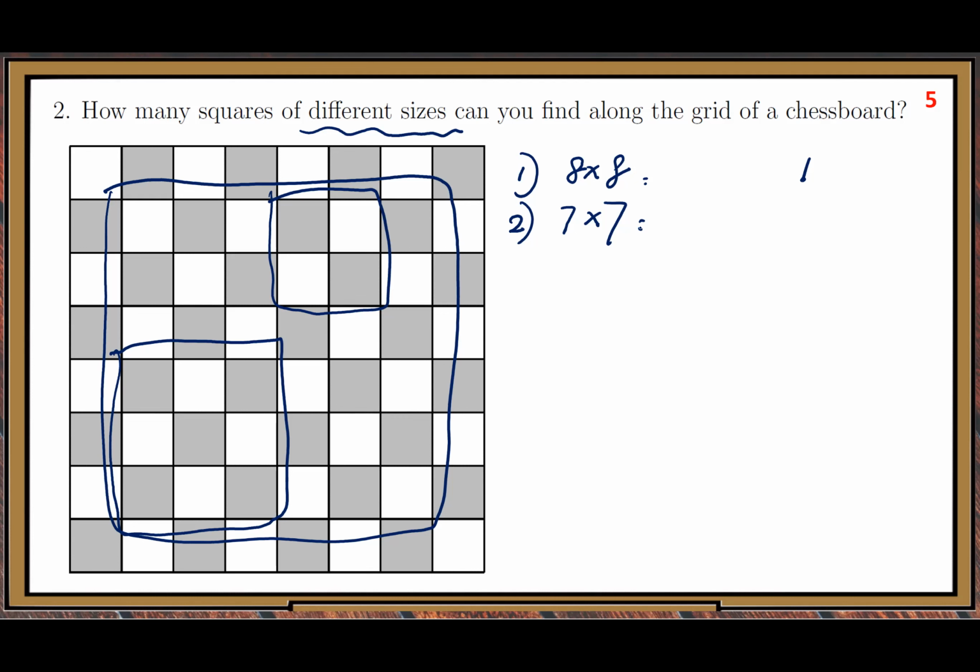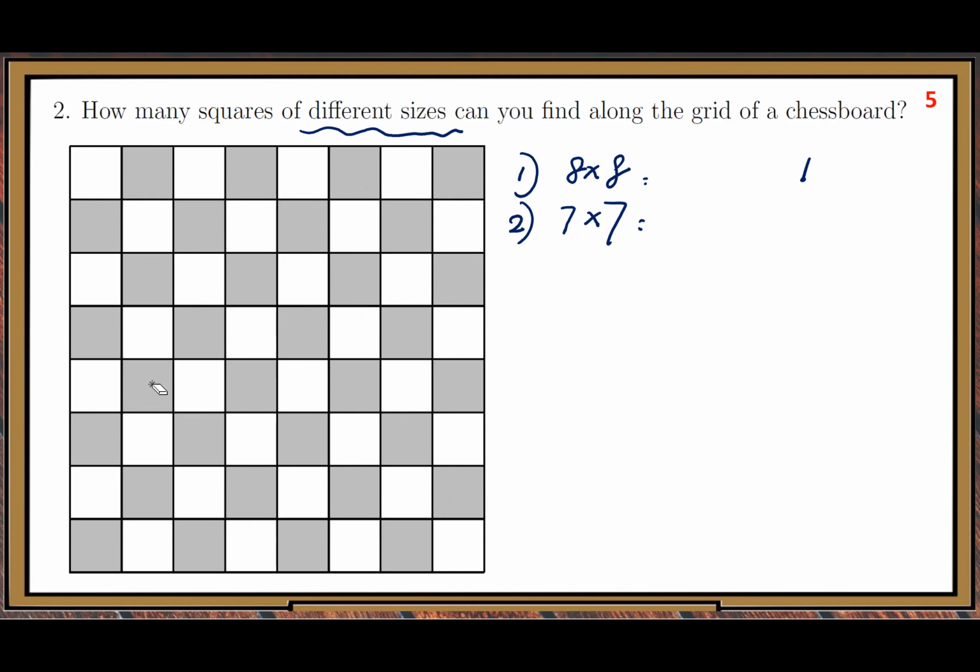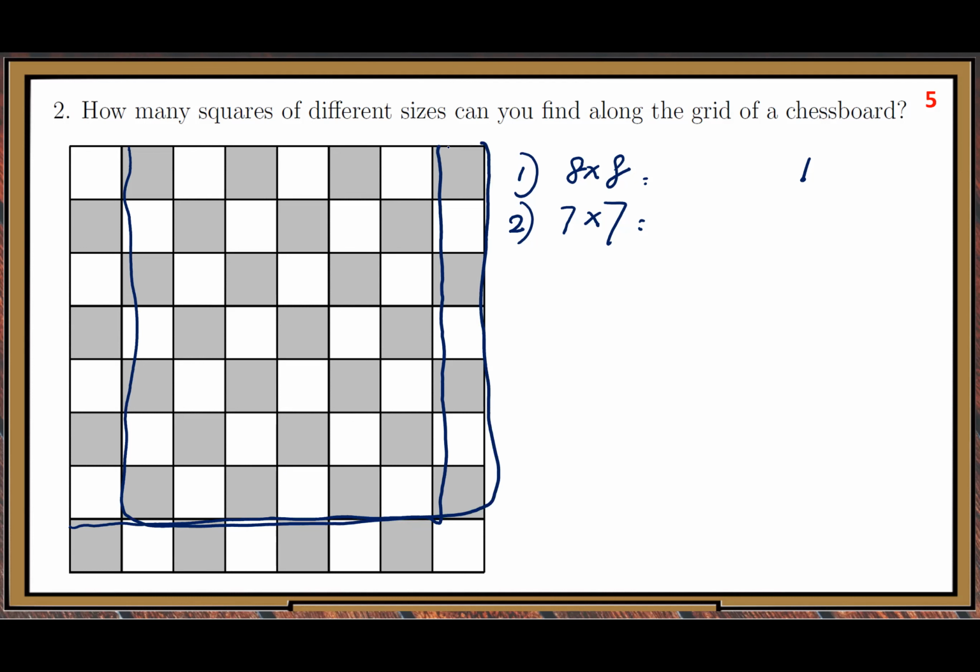So here 7 by 7, because 8 by 8 is easy. 7 by 7, look at the horizontal. How many 7 by 7 can we have? Horizontal. This is 1, 7 by 7 square. Then another one, 7 by 7. So horizontally, you have 2, right? This direction, horizontal.